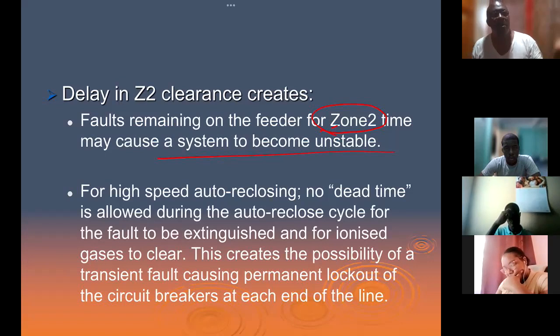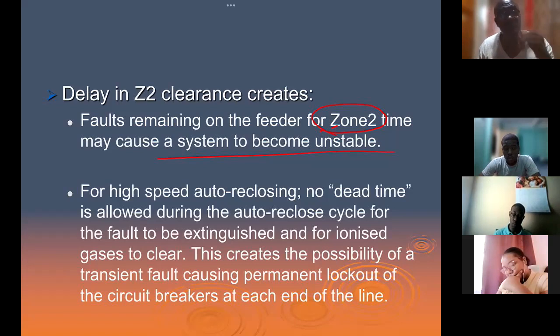Trinidad operates in such a way that the generators there don't even buy the fuel. The fuel is provided by TNTech to the generator. So there is really no expectation to have loss of generation. However, because of a fault in the system, which escalated, they ended up having a total island-wide blackout. All right?